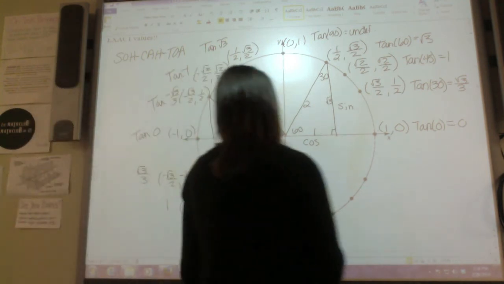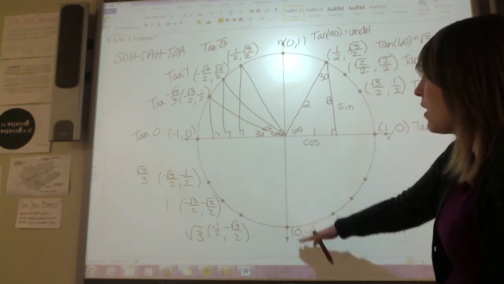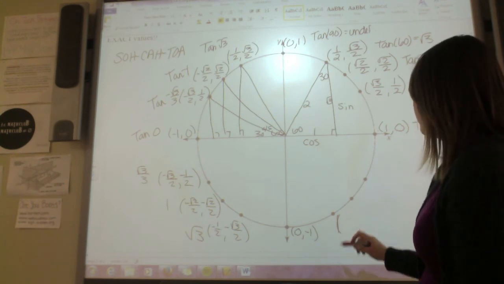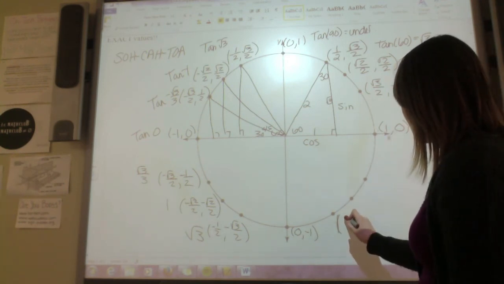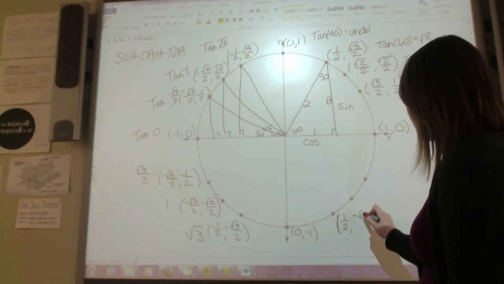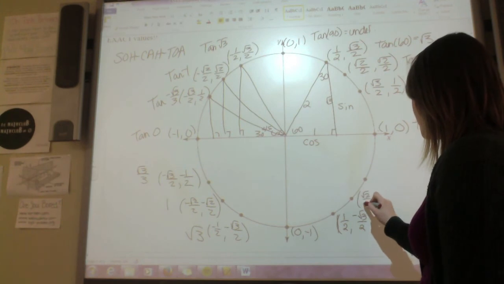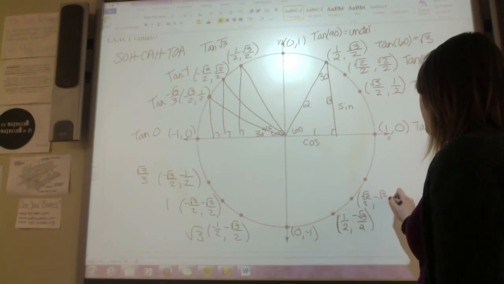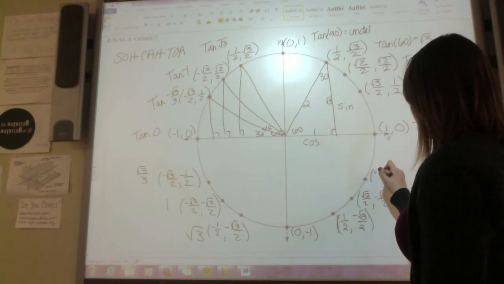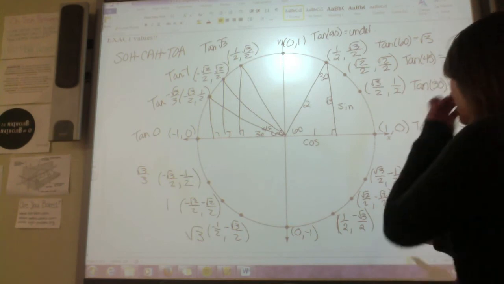And I can do the same thing over here. So this one, in the fourth quadrant, my y values are negative and my x values are positive. So I will have 1/2, negative square root 3 over 2, square root 2 over 2, negative square root 2 over 2, and square root 3 over 2, negative 1/2.